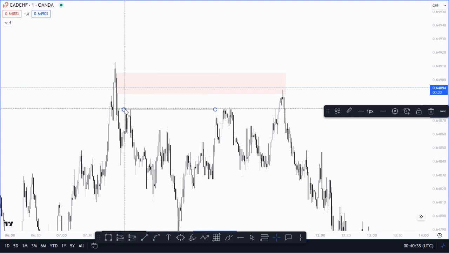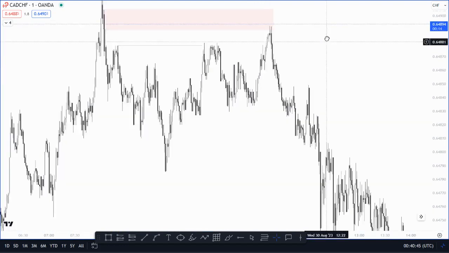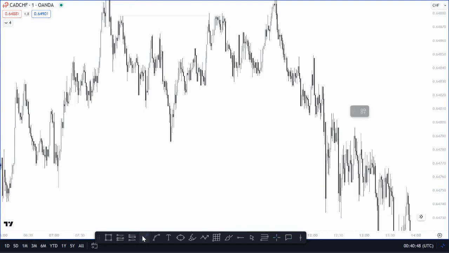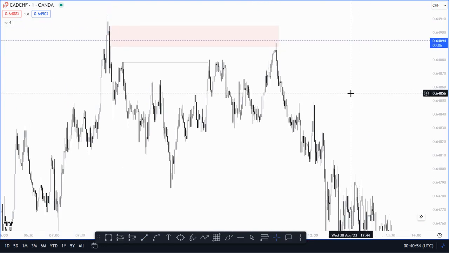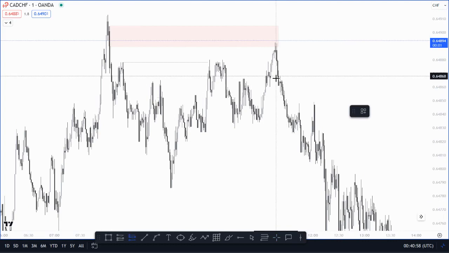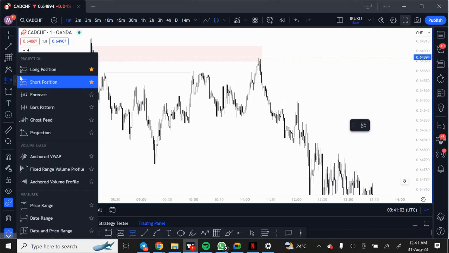Then when you have a valid entry, let's assume that this price hasn't gotten up to this point and you want to sell from here down to this place. But you just want to keep it consistent at making 5R on a trade. Now, this is a short position tool. You can get that in your projection, you just see it over there, long and short position.